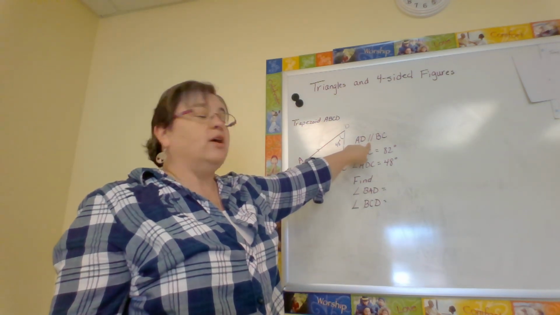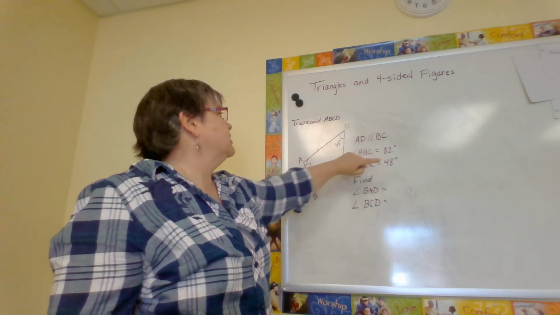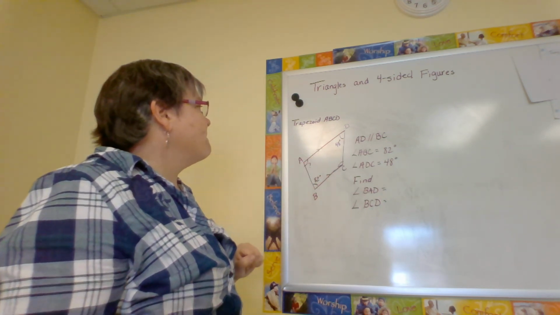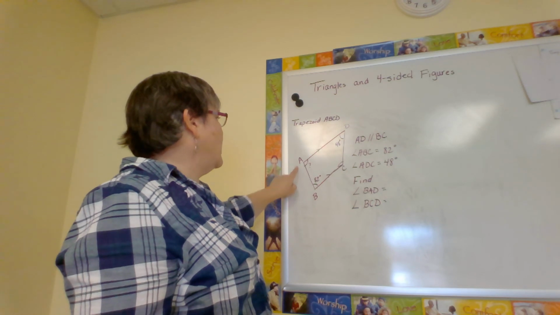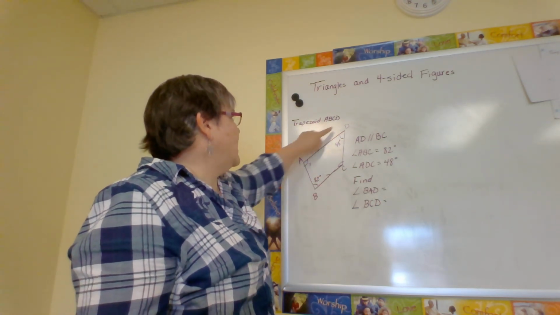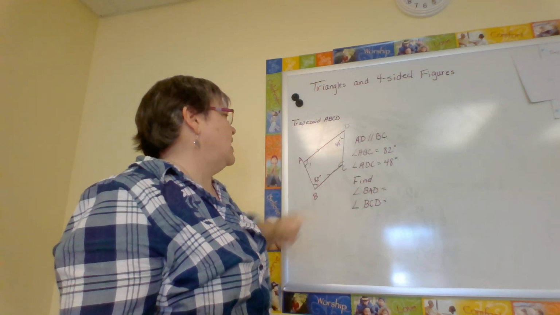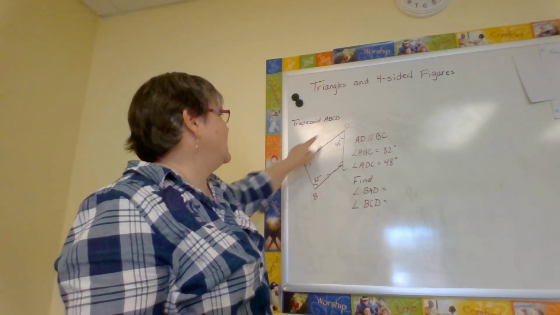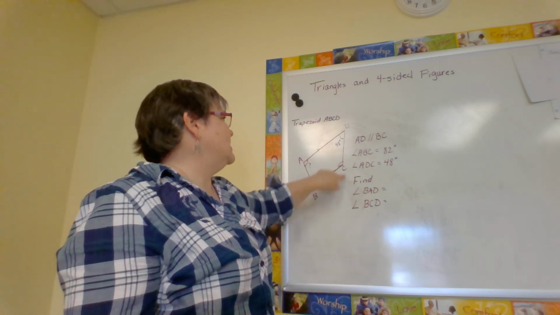We write parallel like two slanted lines together. On the figure, we have them with our arrows. We also know that angle ABC is 82 degrees. We know that angle ADC is 48 degrees. So we have to find angle BAD and angle BCD.